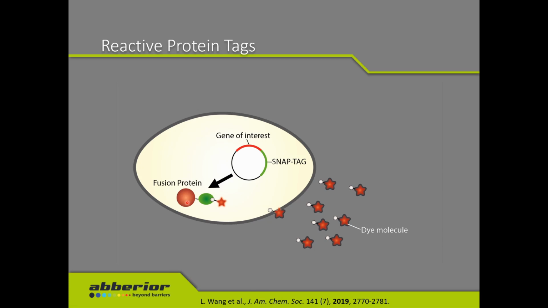The limitations are now on the side of your tag, so you have to choose the right tag. If you have very large tags, then you will blow up your actual structure, reducing your resolution.